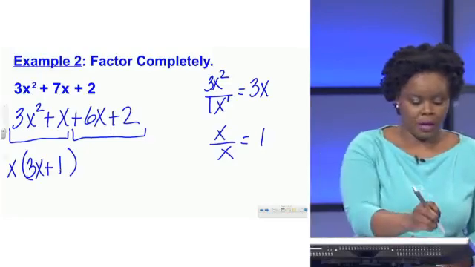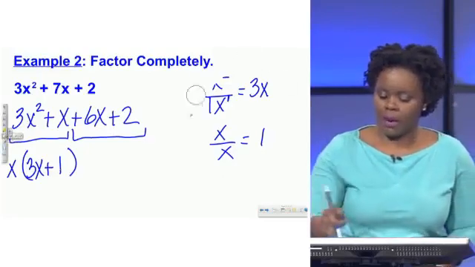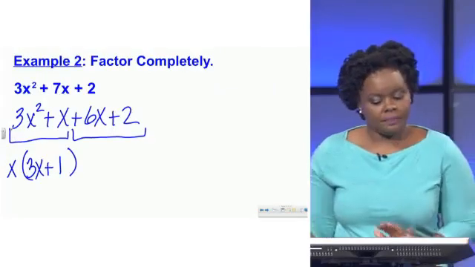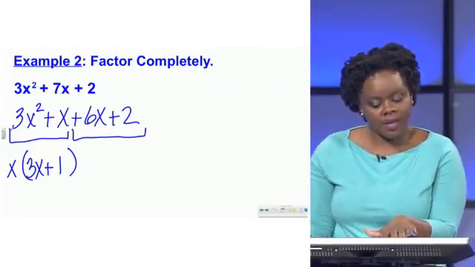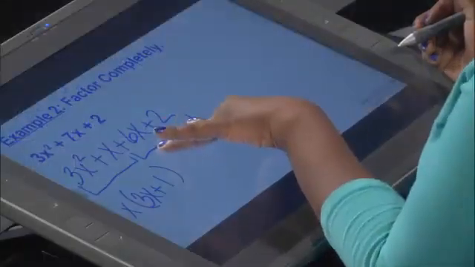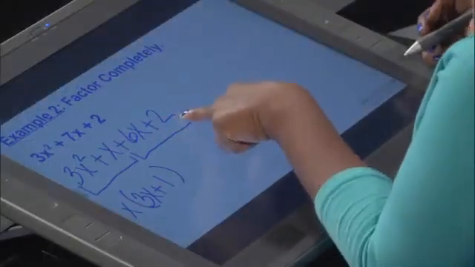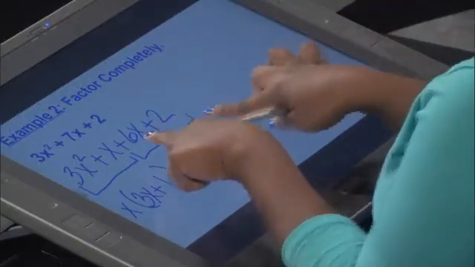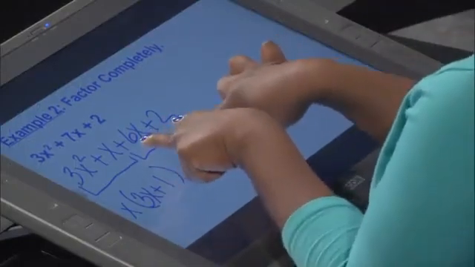And I need the greatest common factor between 6x and 2. So I already see that that's just a 2. It's a constant term, so I know they're not going to have any x's in common. I need to focus my attention on these numbers here.